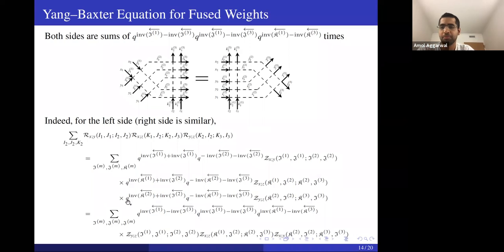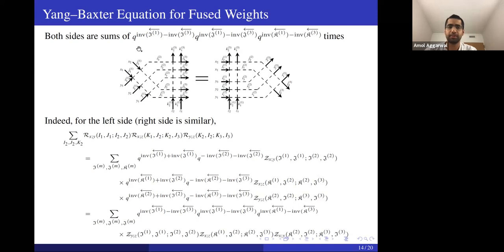So I'm left with this power of Q. It will only be an inversion count involving I1, J1, K1, and I3, J3, and K3, which are fixed, right? These are things that do not get summed over in this Yang-Baxter, right?